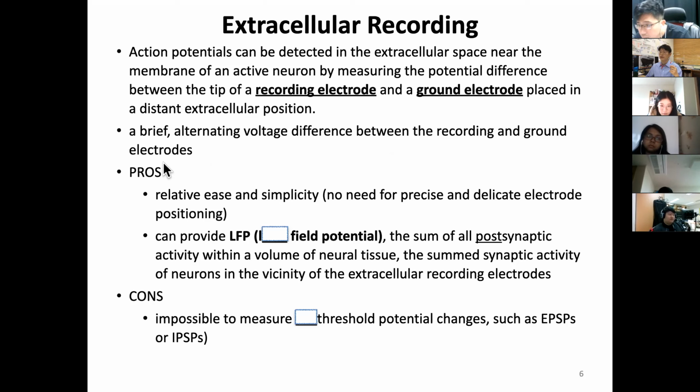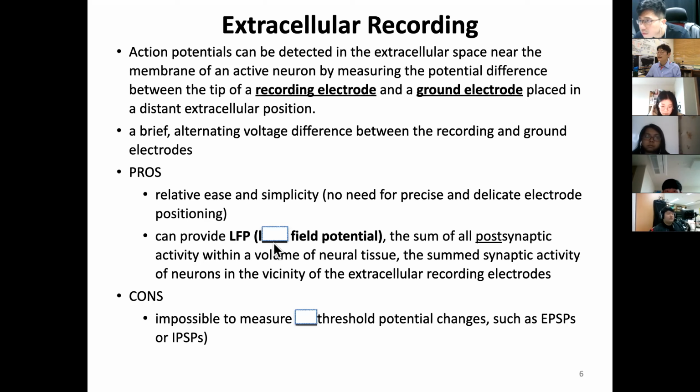What's good about extracellular recording is that it is relatively easy and simple, because you don't need to find the cell and poke inside precisely. And this can provide, let's say, Yoo-Sung-Young, can you guess what this is?